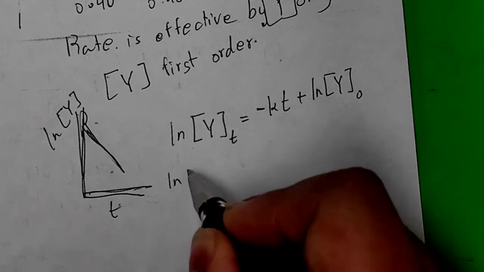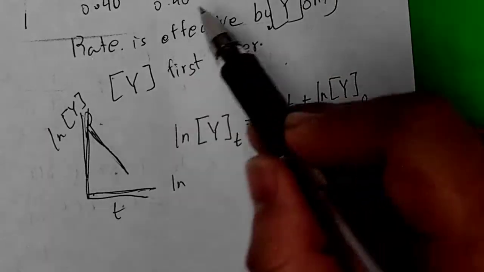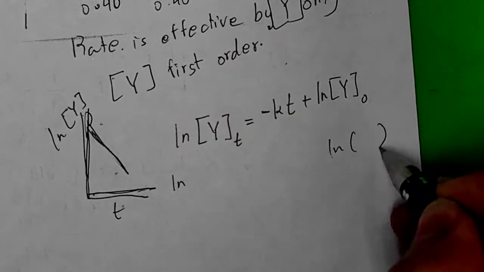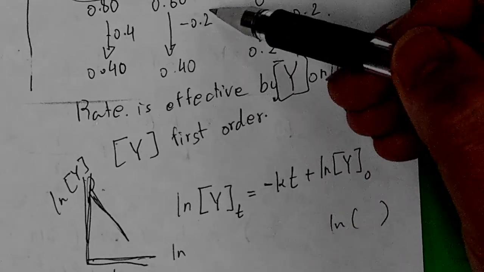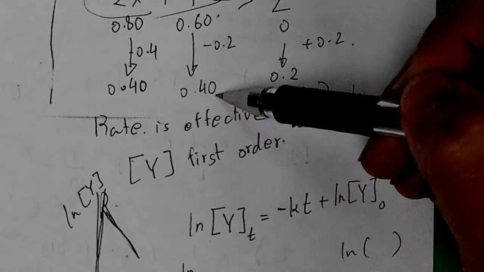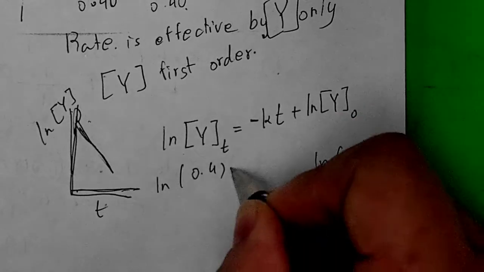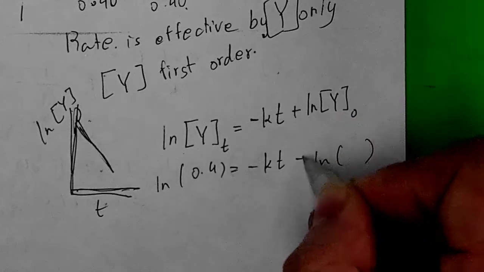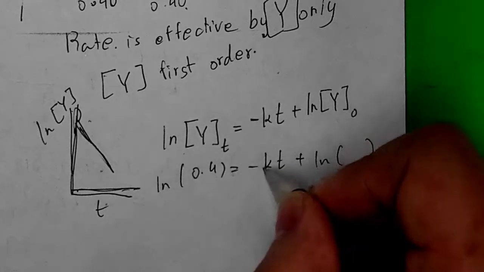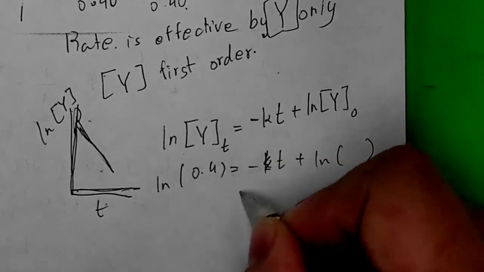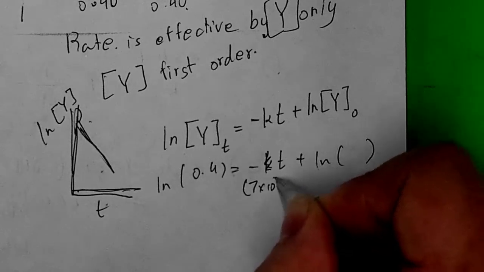So we're going to say ln of Y naught. We know that Y naught in this case is the starting material, which is 0.6. Y after is 0.4. So we're going to put both in. ln of 0.40 equals negative kt, or actually I should plug in k. k is 7 times 10 to the negative 3.